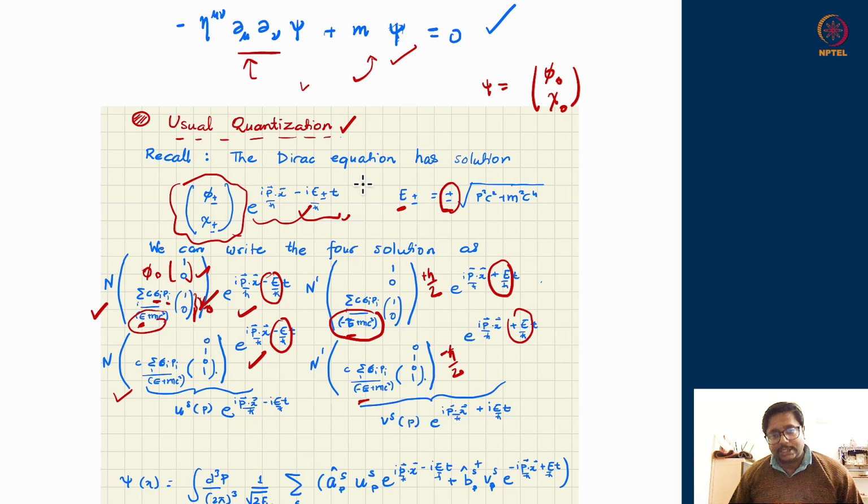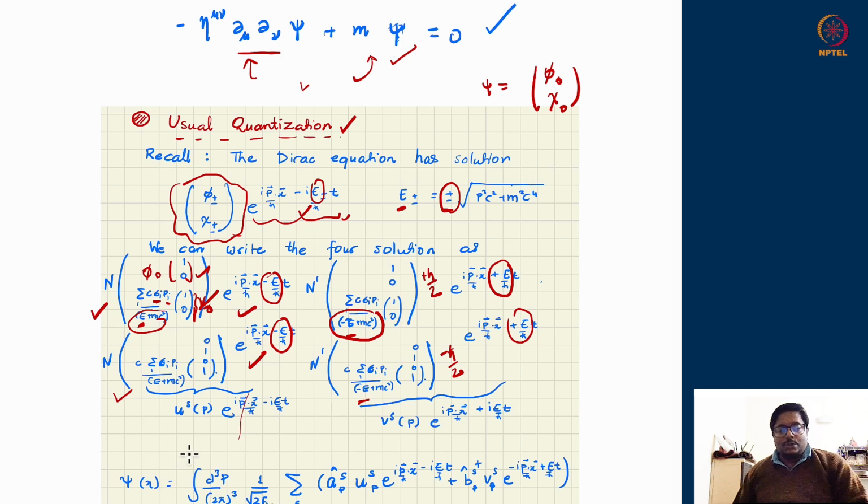This is field theory, so the parameter appearing here has not been shown to be the eigenvalue of the Hamiltonian operator. I'm loosely calling it energy in the spirit of the Schrodinger equation structure. So these are really positive frequency and negative frequency solutions which we are talking about.